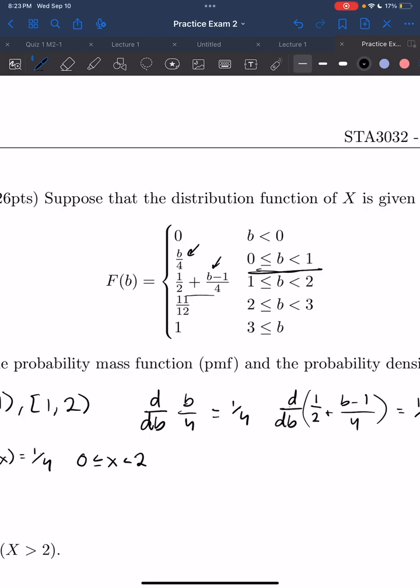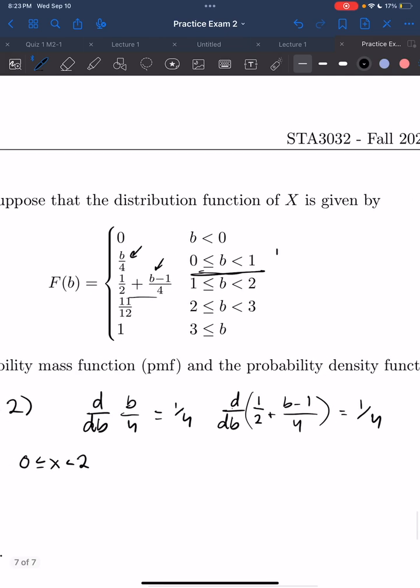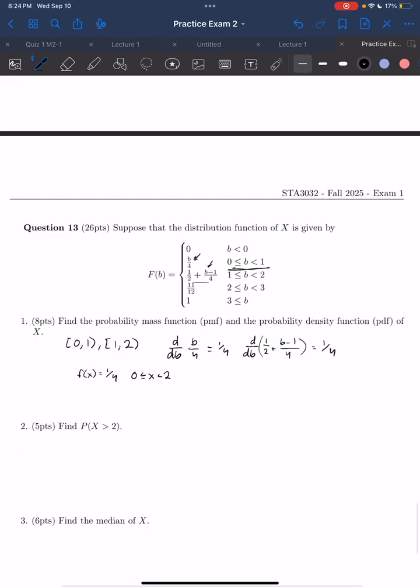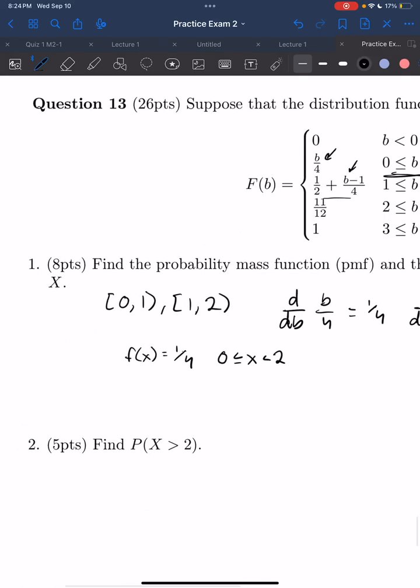So when b is 1, this part is 1 over 4. But since that's not included, we jump over here, and then when b is 1 here, that's 1/2. This might be a little confusing to explain like that, so let me just go through the problem.